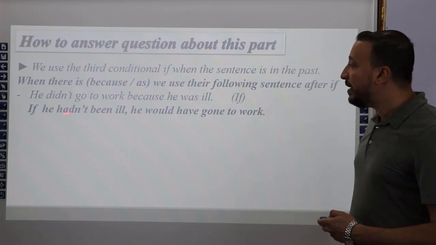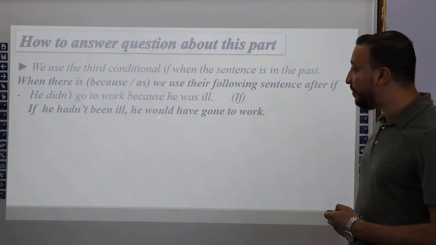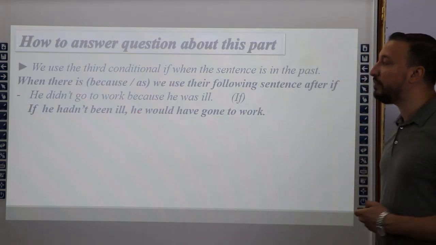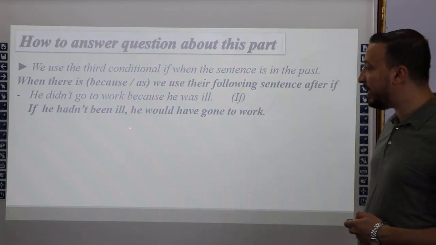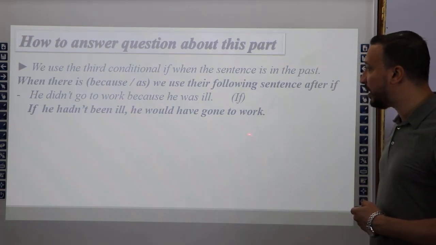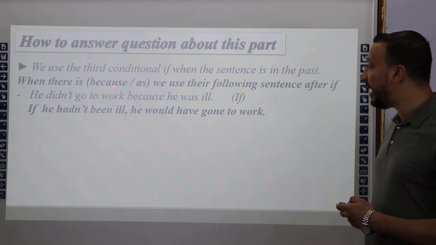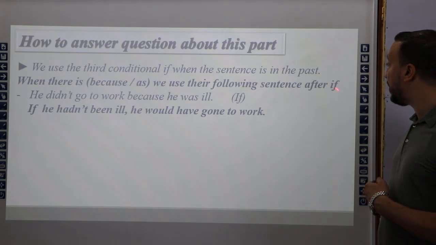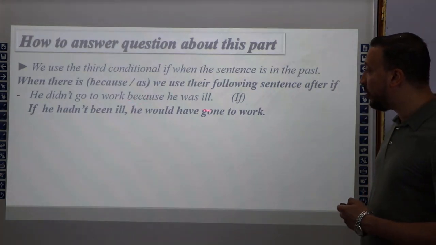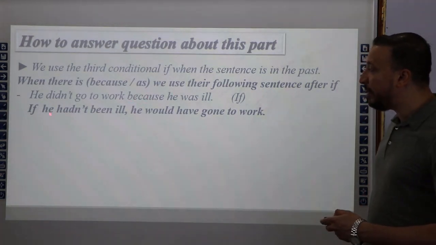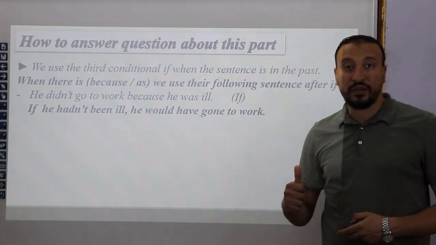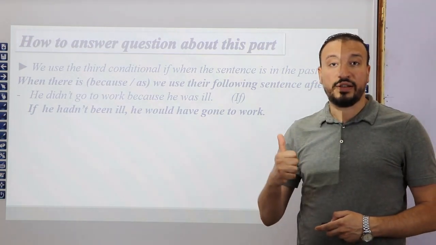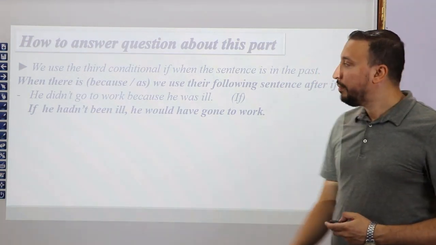Then the negative becomes positive: he would have, plus the third form, gone to work. So: if he hadn't been ill, he would have gone to work. Let's focus again: after because or as, we use the following sentence after if, keeping the past, meaning this form, and the second point is that positive becomes negative and negative becomes positive.